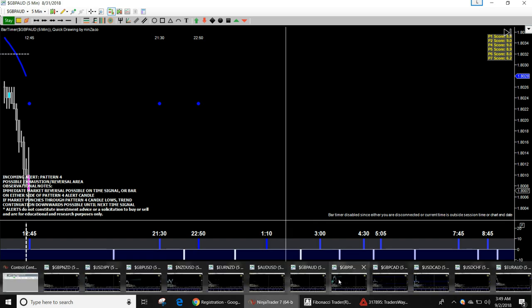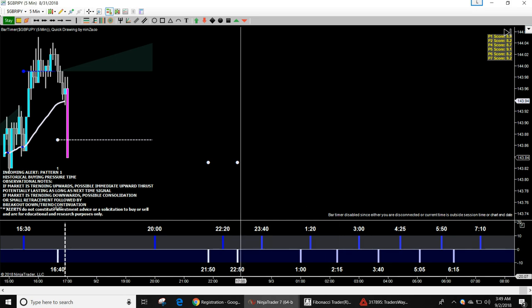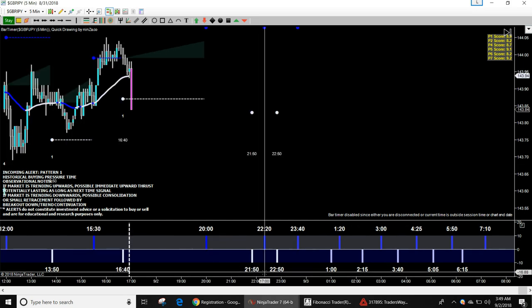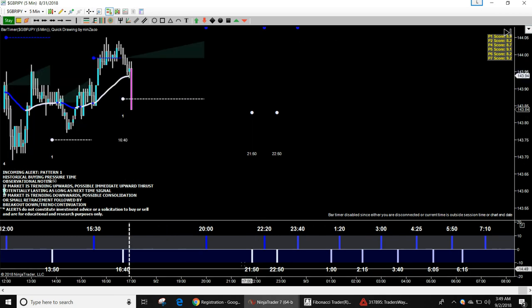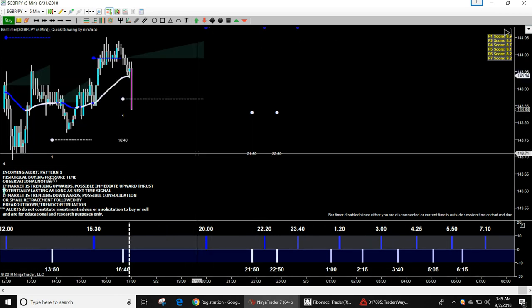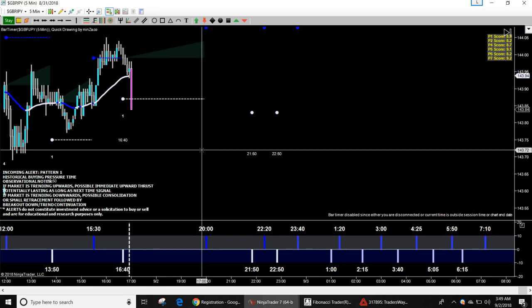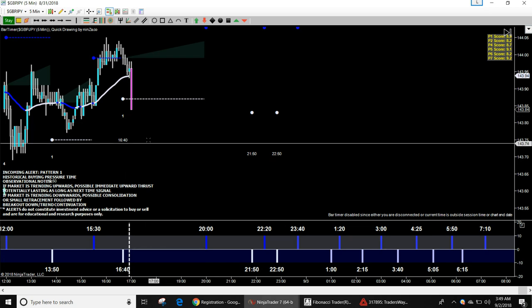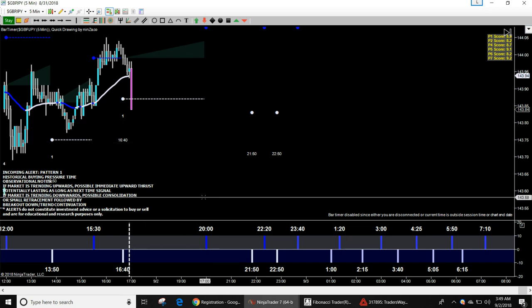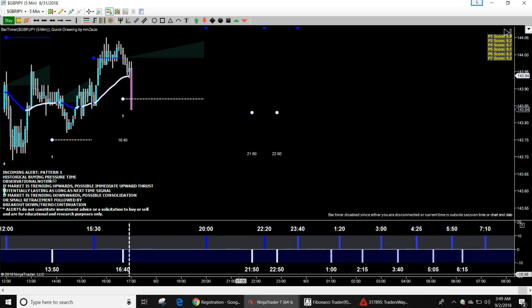Next up is going to be the Great British Pound JPY. Right now we are in an upswing. We're currently near a bounce off the 618, in between the 50 and the 618. So I'm looking for an up move on this pair.